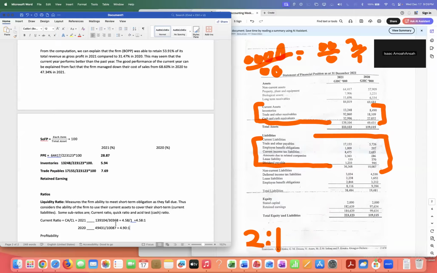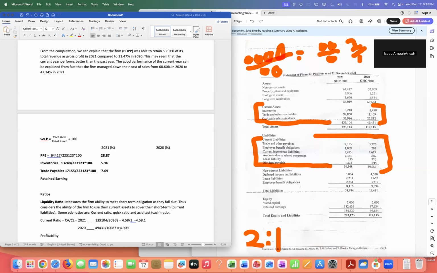The "to 1" comes from the fact that it's divided by this, right? So the interpretation here is that for every 1 cedi current liability, the firm has 4 cedis, 90 pesewas in settlement of it. The firm has 4 cedis, 90 pesewas to settle for every 1 cedi current liability.